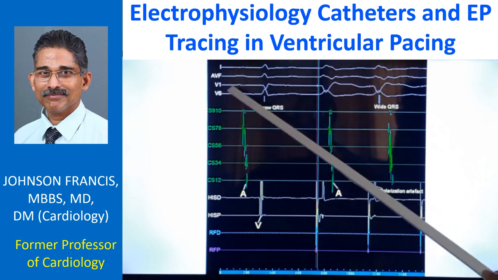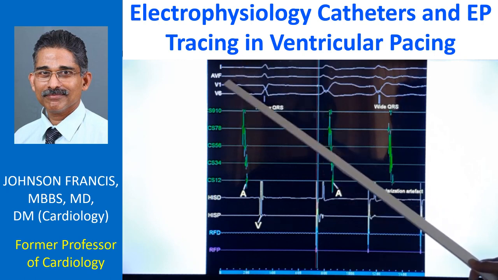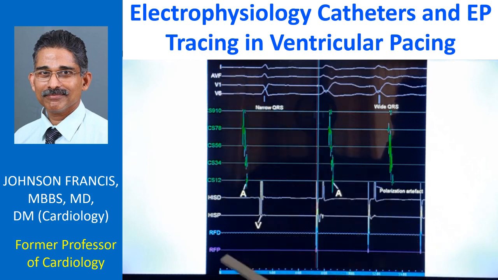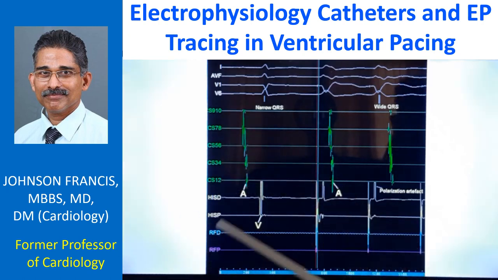These are some surface electrodes which have been taken into this monitor screen, one AVF, V1, V6. And these are the coronary sinus, CS proximal to distal. And this is His distal, His proximal. This is right ventricular, which appears to be not connected here as there is no recording seen over here.